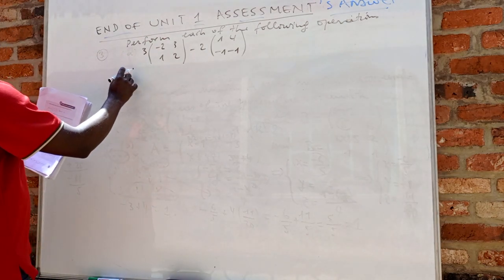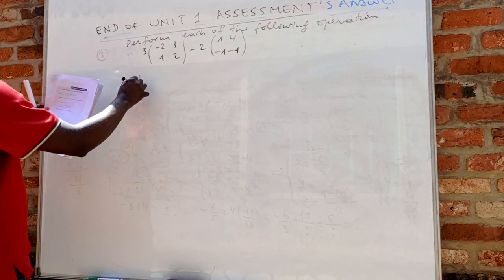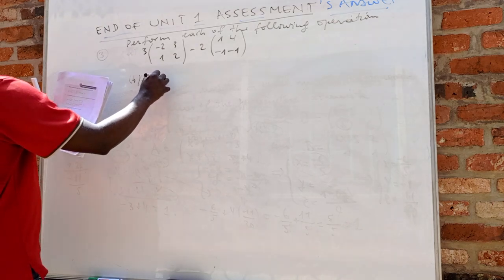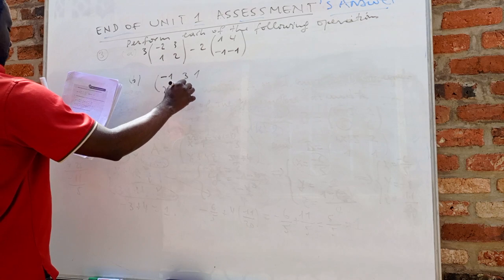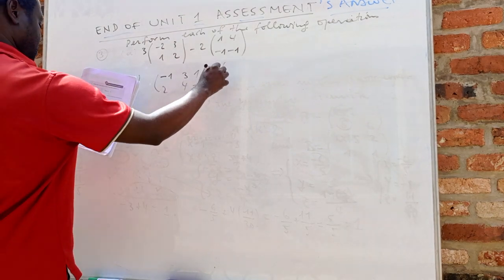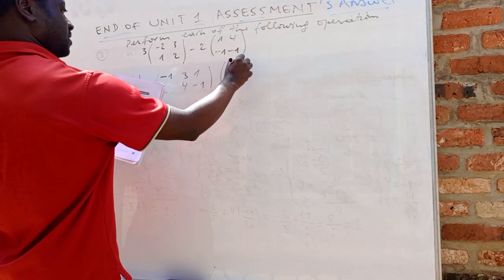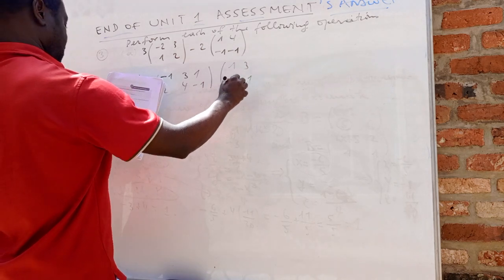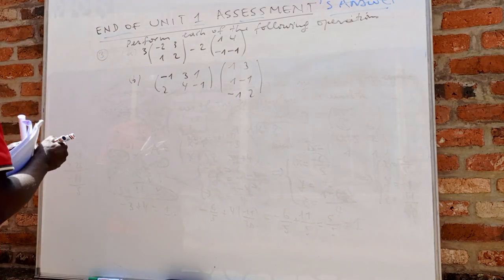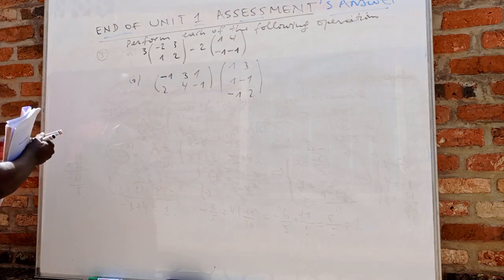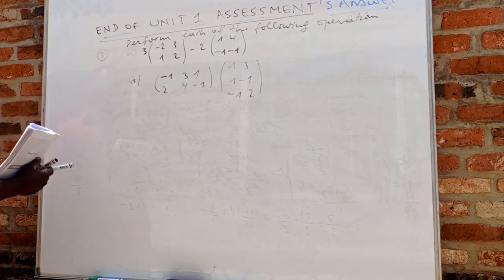Now here B is a 2 by 3 matrix [[1, 8, 1], [3, 1, 2]]... times this product [[1, 3], [1, -1], [-1, 2]]. So this is number 3, questions A and B.